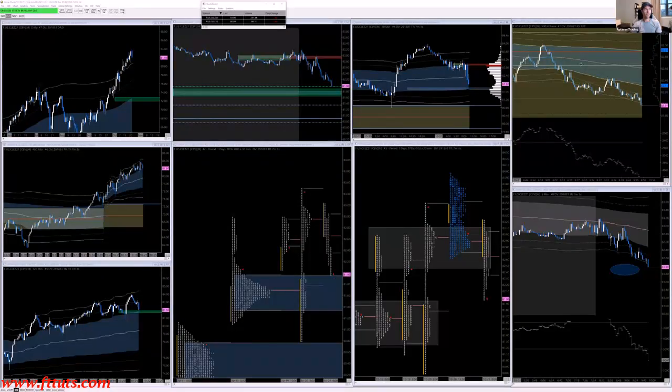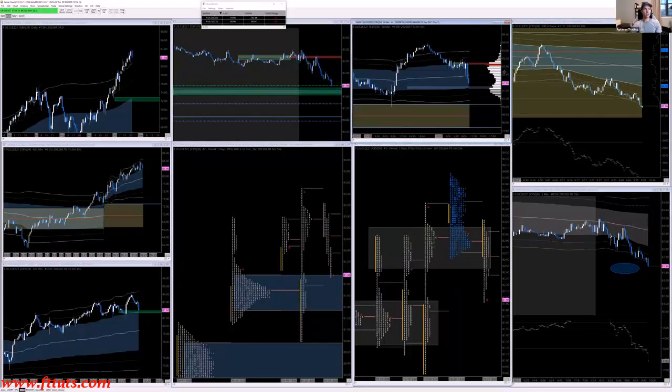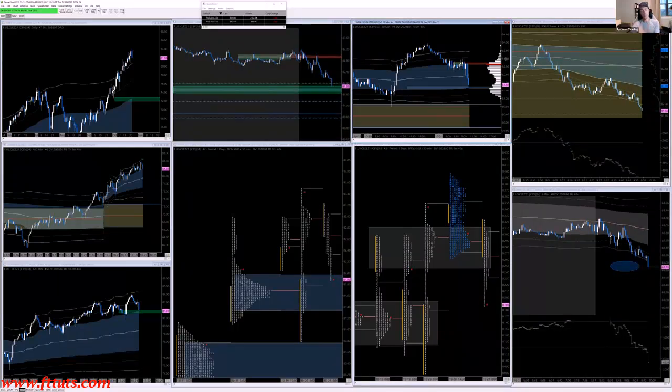Hey, it's a magnet, I tell you. Despite us still being down a little bit on the day, we're profitable in crude oil. But this has been a really good example of a lot of things. In fact, you know what? Let's save it.